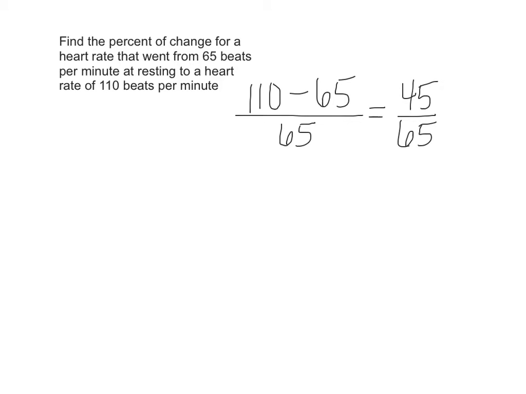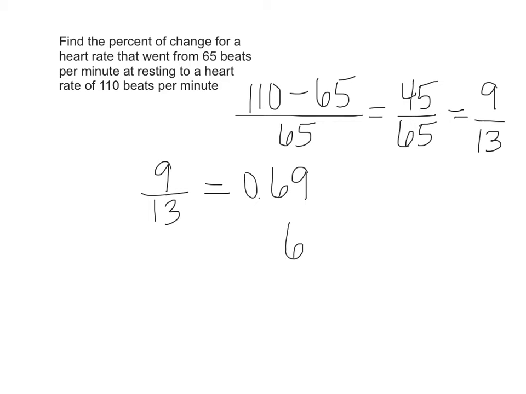I'm going to simplify this by dividing both 45 and 65 by 5, and that gives me 9 over 13. 9 over 13 gives me 0.69, about that amount. So the percent change is 69% increase.